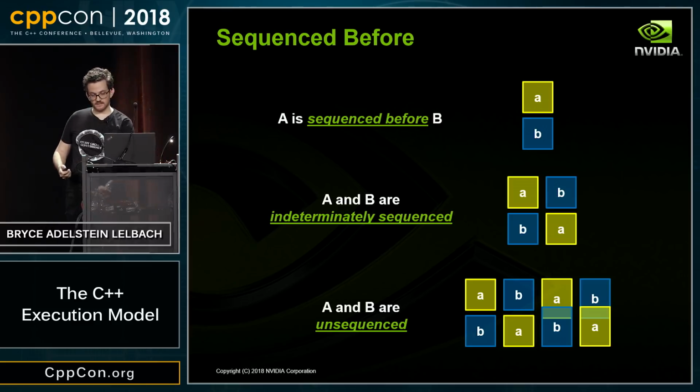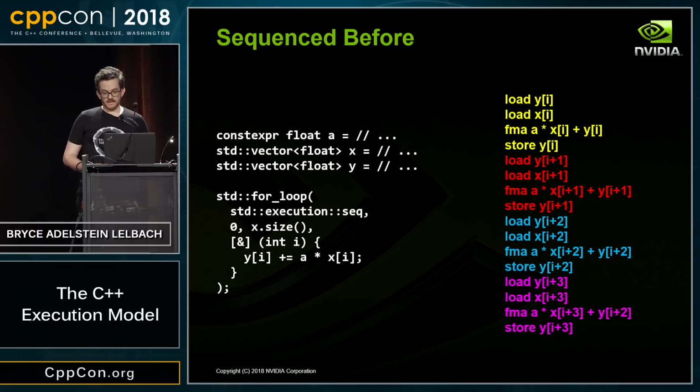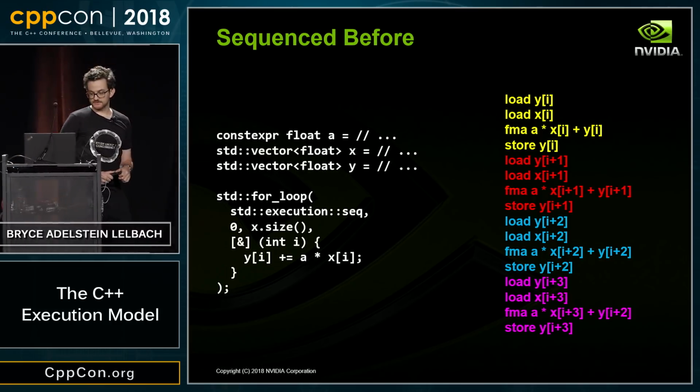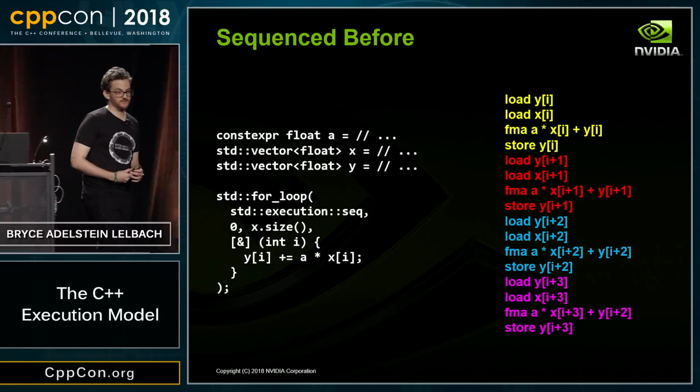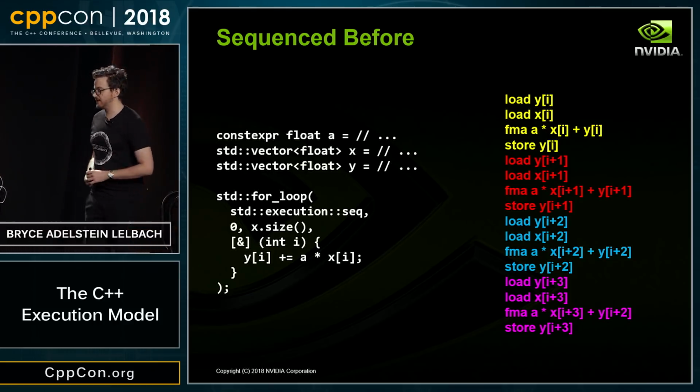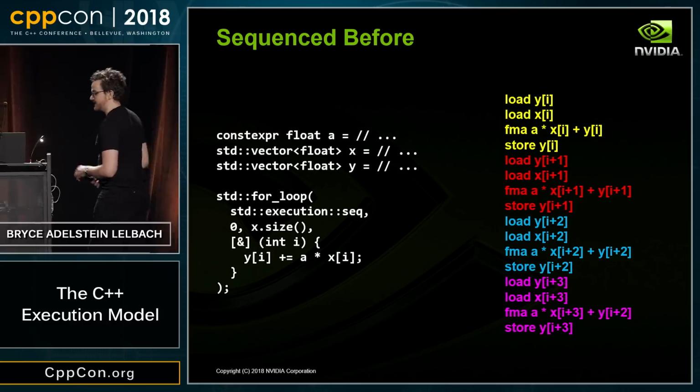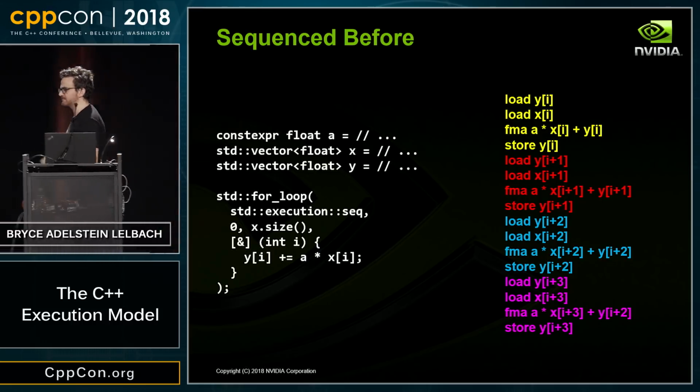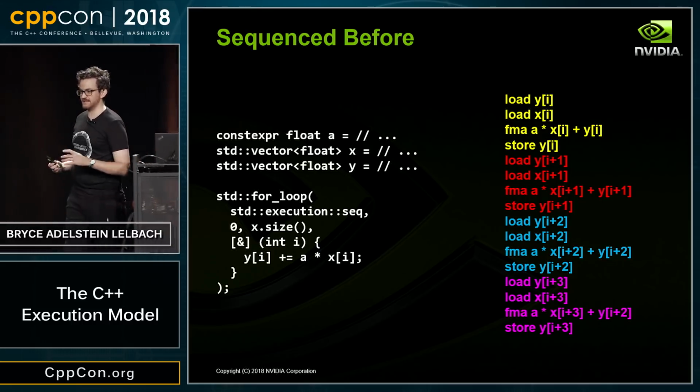So let's talk a little bit more about interleaving here. I'm going to show you a little example that uses some new features. There's one on this slide which is stood for loop, which is a new thing that's in the Parallelism TS v2. It's sort of like for each, but it's index-based, not iterator-based.